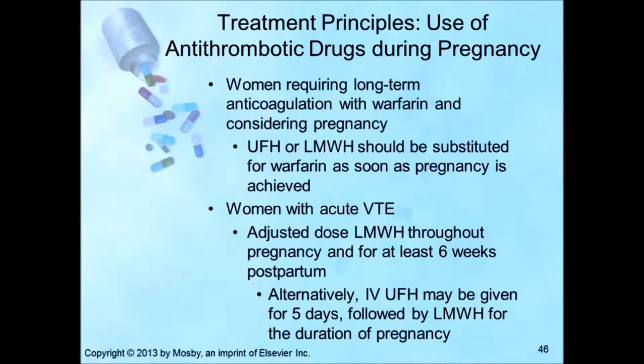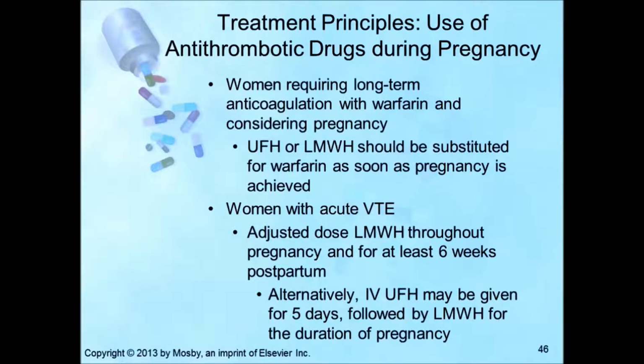Looking at patients who are pregnant, for women requiring long-term anticoagulation with Coumadin and considering pregnancy, unfractionated heparin or low molecular weight heparin should be substituted for Coumadin as soon as pregnancy is achieved.